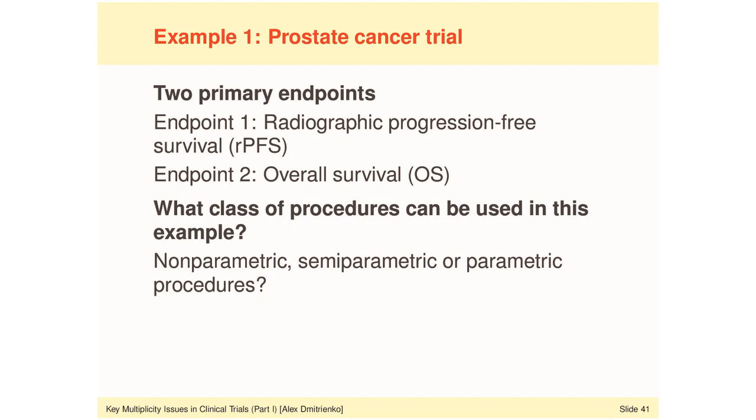Let us consider the multiplicity problem in example 1 based on the prostate cancer trial, where multiplicity is induced by the analysis of two primary endpoints based on radiographic progression-free survival and secondly on overall survival. The question we would like to ask here is, can we use a nonparametric, semiparametric, or parametric procedure in this trial to protect the type 1 error rate?